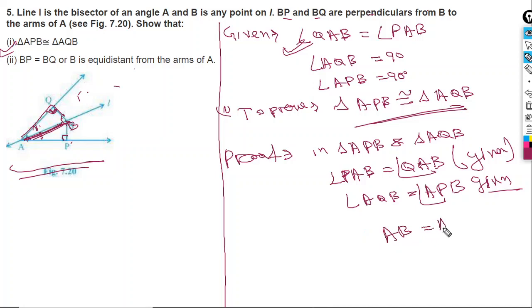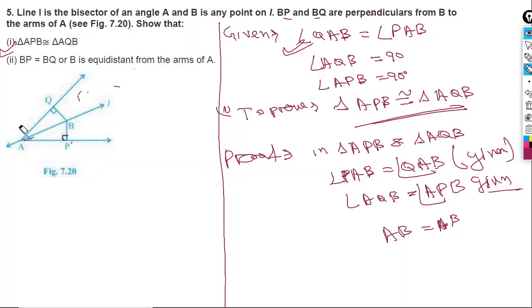AB equals AB. Now you see, in between these two triangles, APB and AQB, two angles and one side are equal.